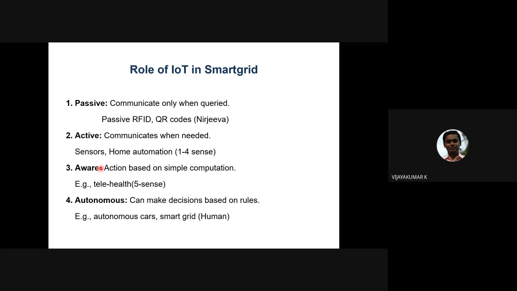Then they added the feature of awareness. We can add awareness to the system once you have any computational tool. For example, in a smart grid or in your home, once you have some processors in it, the processors can perform mathematical or logic operations.